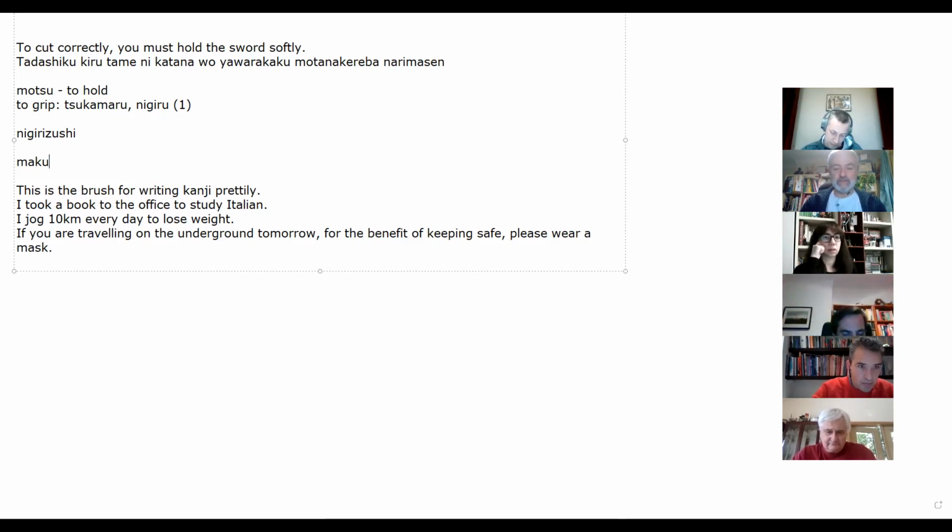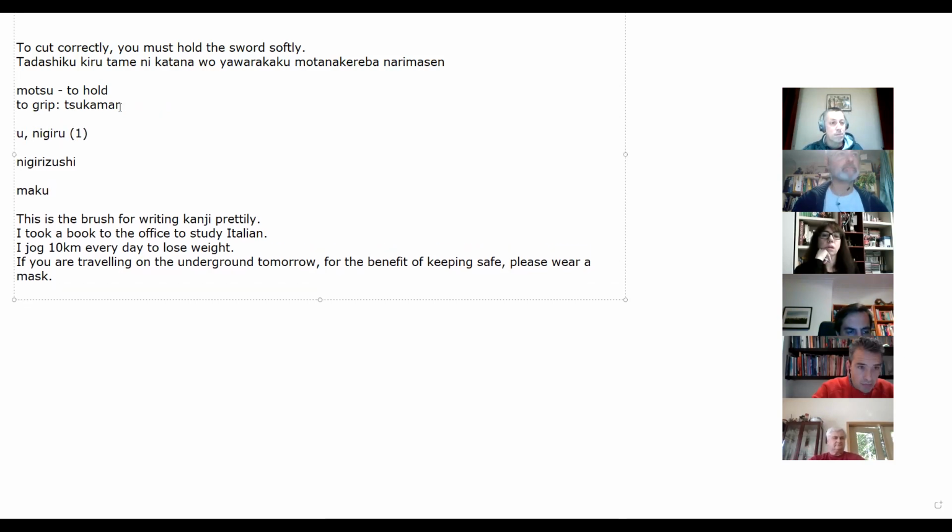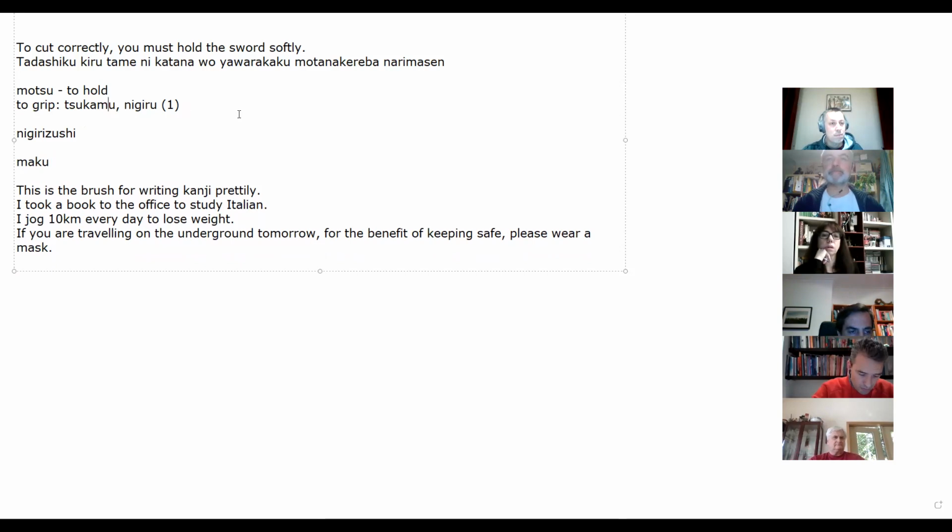Hang on a second, guys. Tsukamaru is intransitive, so it's tsukamu. Sorry, I beg your pardon. Tsukamu. So, Nasuka, can you now remake the sentence, not with motsu, but with nigiru, please?